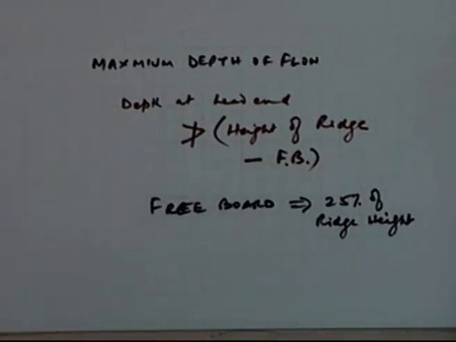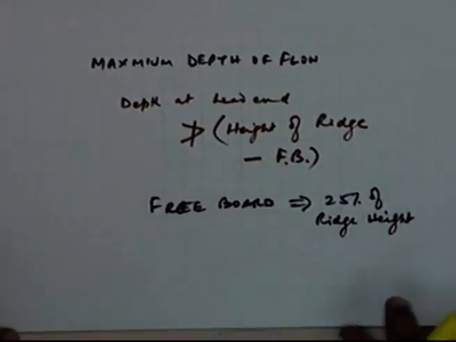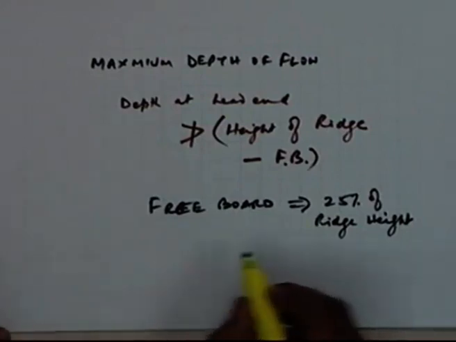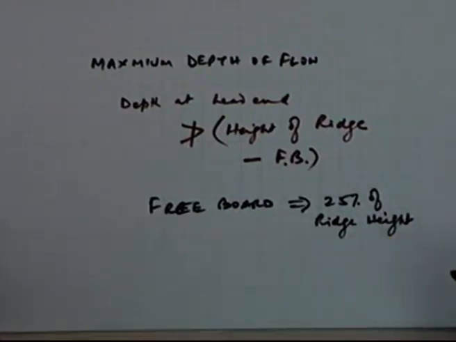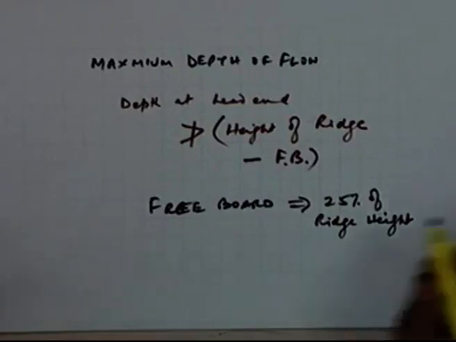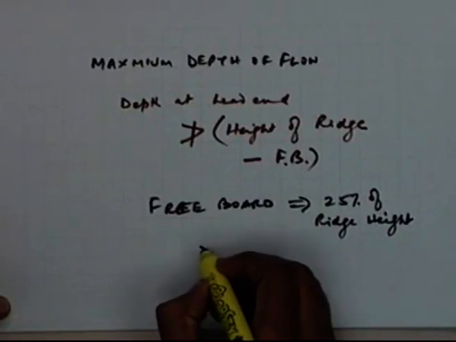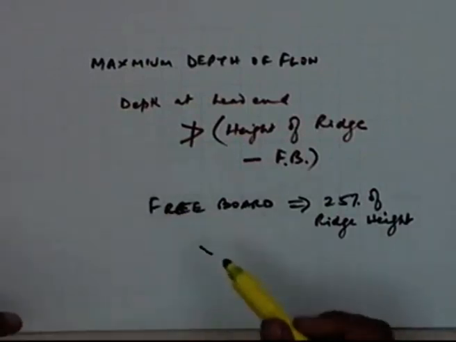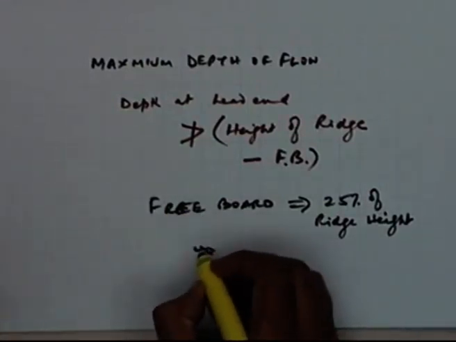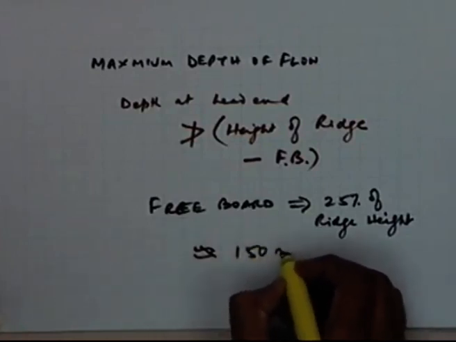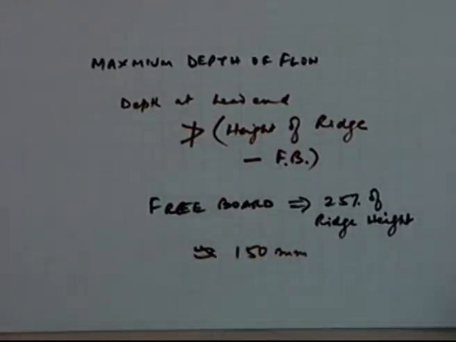So your maximum depth should be basically around 3/4 of the ridge height. In terms of the actual quantities, the value which is normally used is around 150 millimeters. The depth doesn't exceed around 150 millimeters in most of the cases.